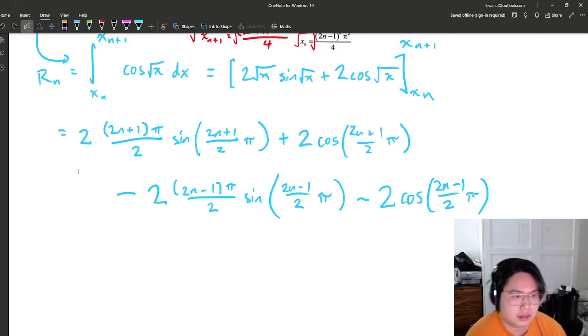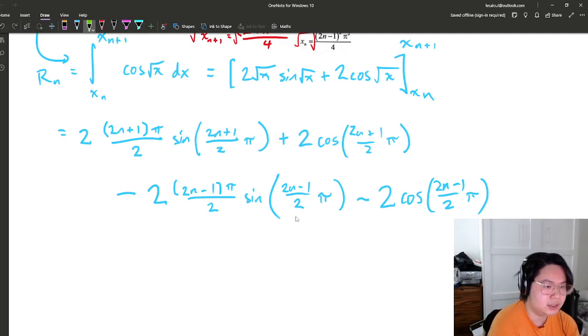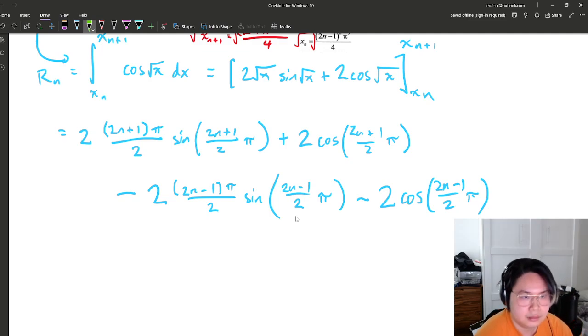I do see that there's multiples of some fraction of pi in each of these, so something's probably going to cancel out, because there shouldn't be any more trig functions in your final answer. Hold on, so this is odd halves. So this is like 1/2 pi or 3/2 pi.